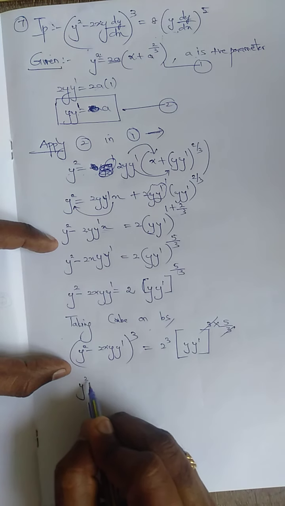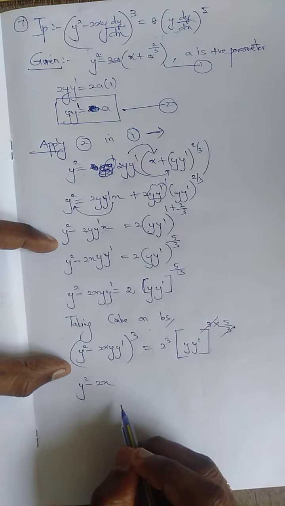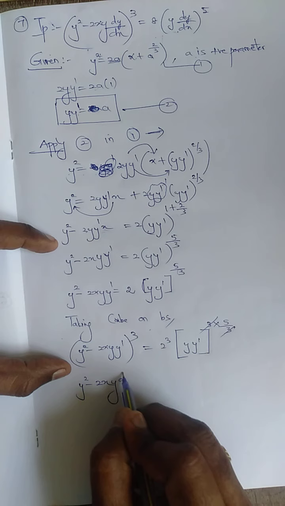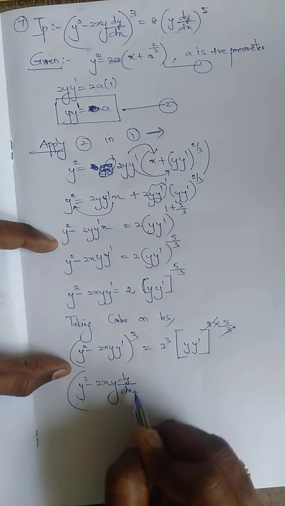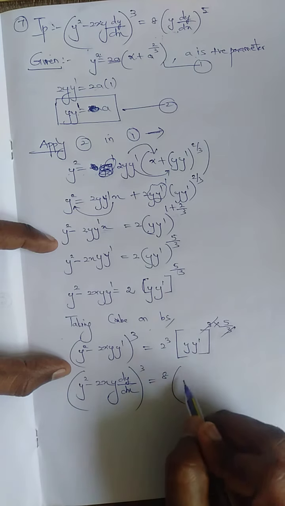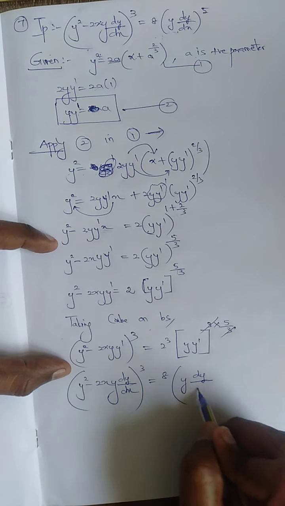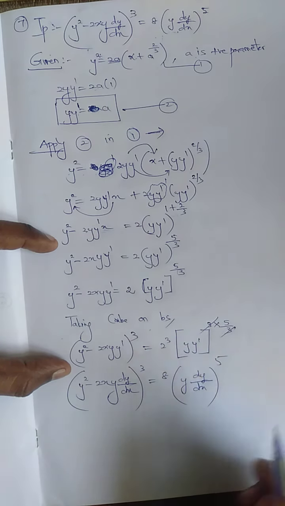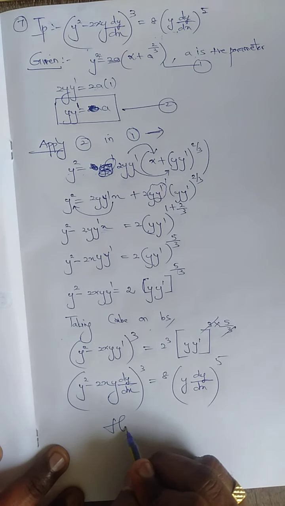So y square minus 2x y dash, with y dash as dy by dx, the whole cube, is equal to 8 times dy by dx whole power 5. This is what we needed to prove. Hence proved.